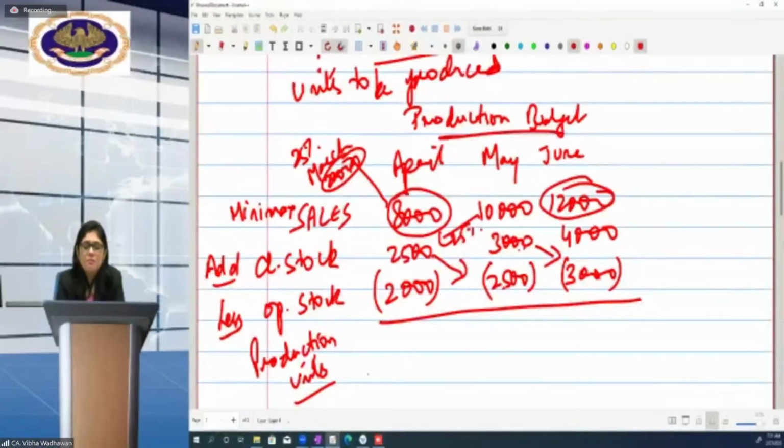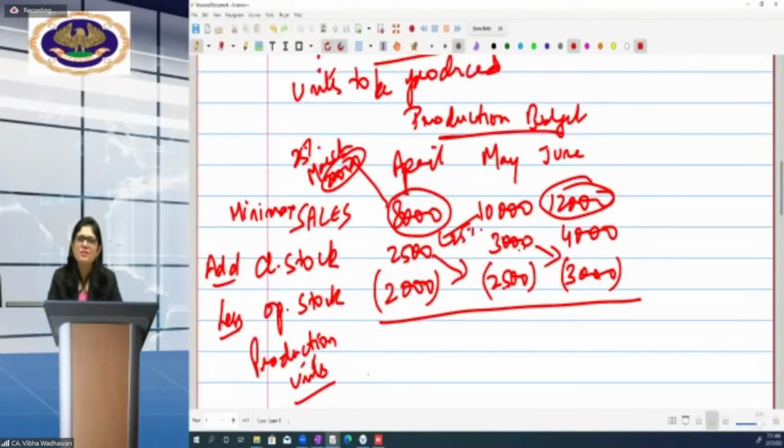Similarly, closing stock of March will be 25% of the sales of April. The same way we have done for April, May, and June, do it for March also. Sales of April is 8,000. So closing stock of March must be 2,000.